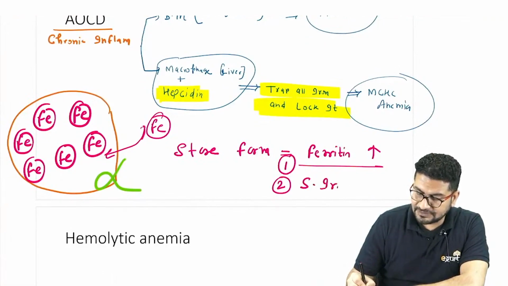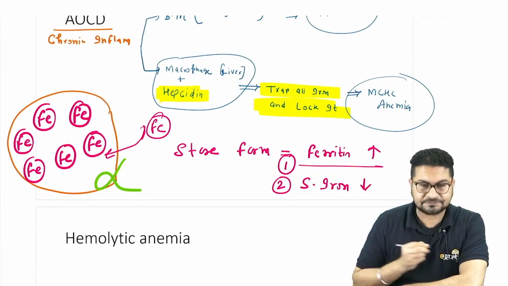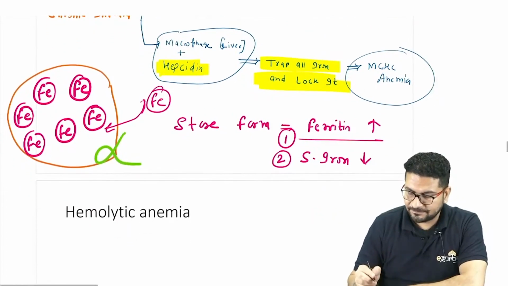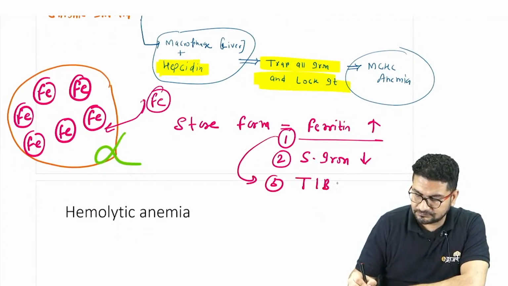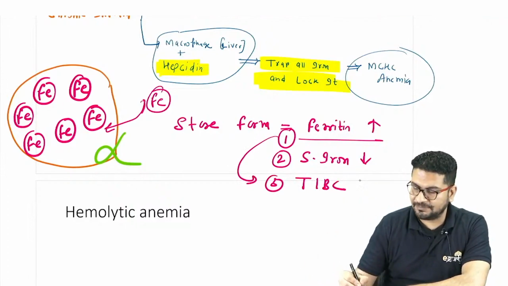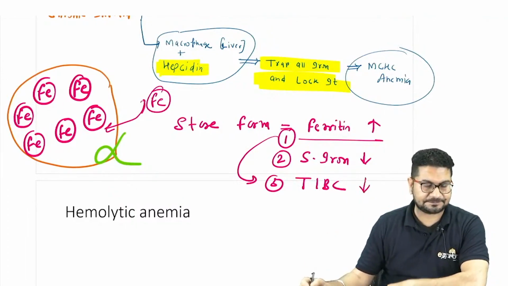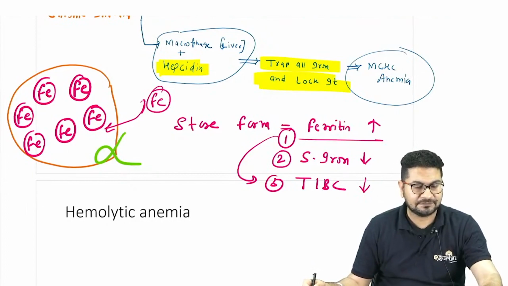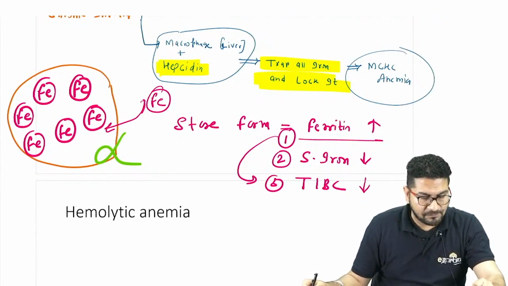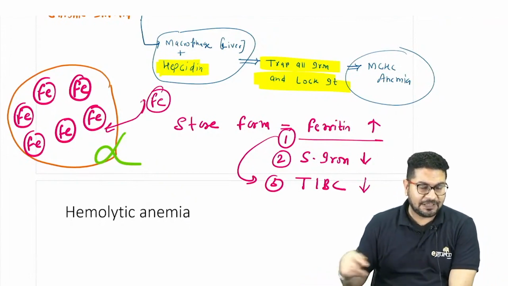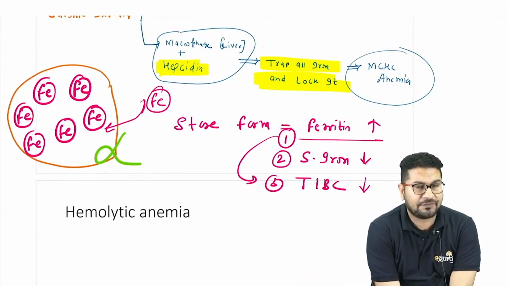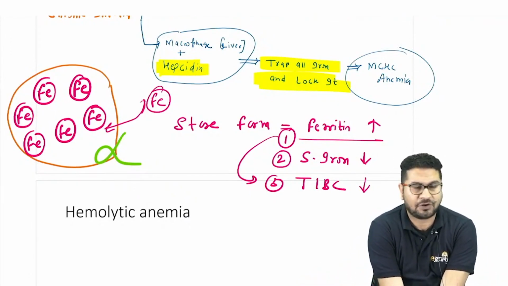Serum iron is decreased, and I told you ferritin is inversely proportional to TIBC, so TIBC will decrease. Am I clear, guys? TIBC will decrease. Okay, so understand the statement of sideroblastic anemia: if it is congenital due to deficiency of ALA synthase, you cannot do anything.